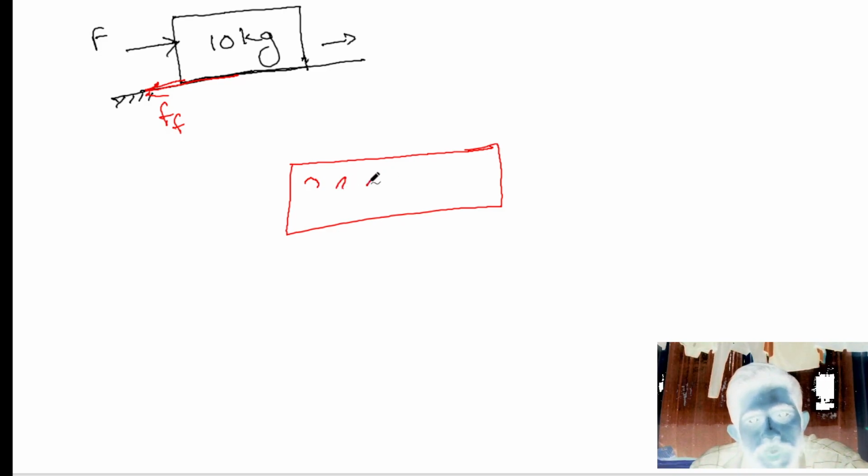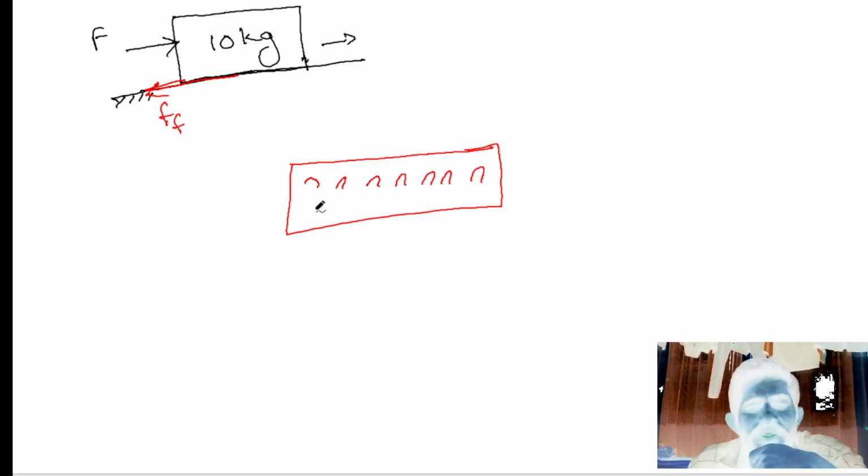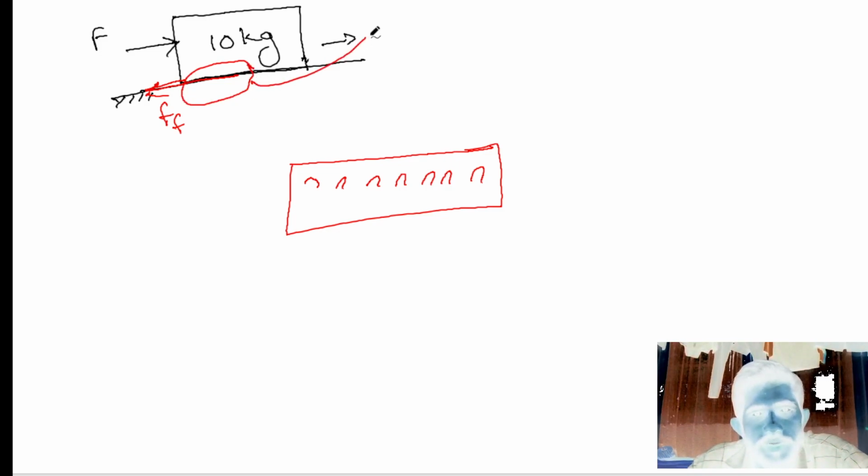The tuberances are small projections on the surface, whether a block, glass, or anything. These oppose the relative motion.